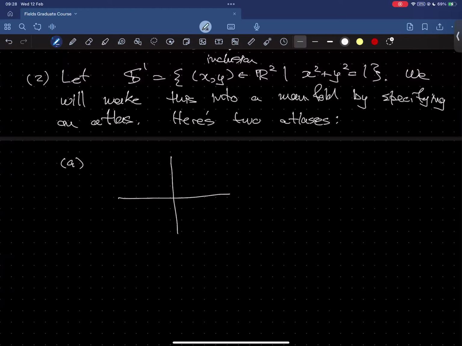All right. So I'm going to build two charts for S1. And here's S1. It's a circle.